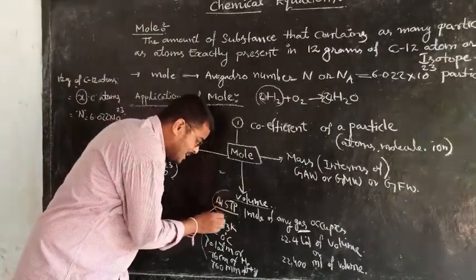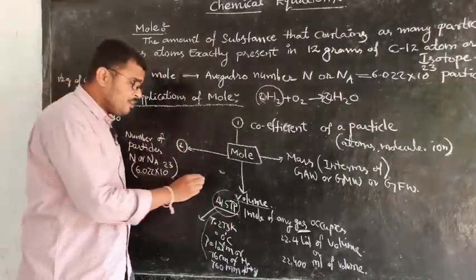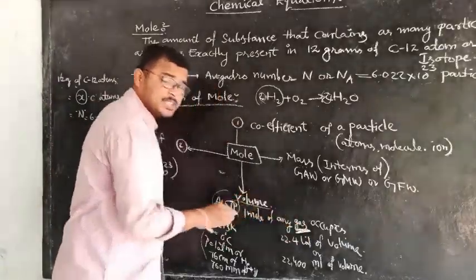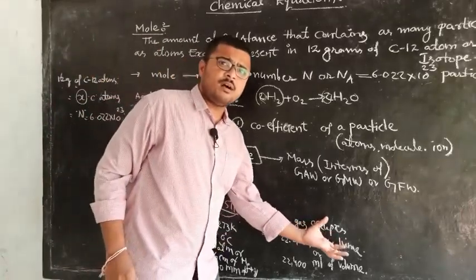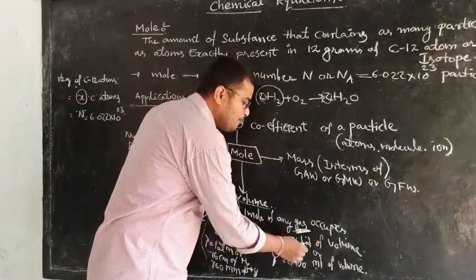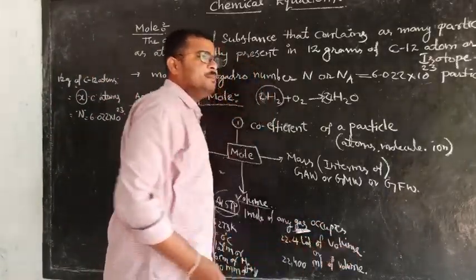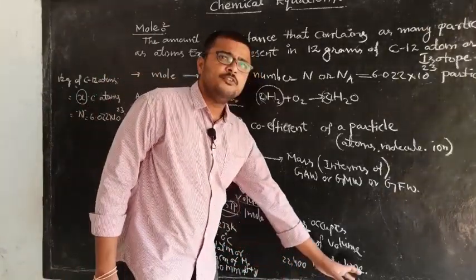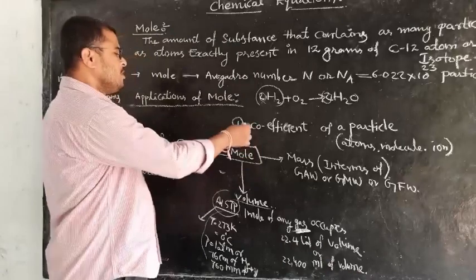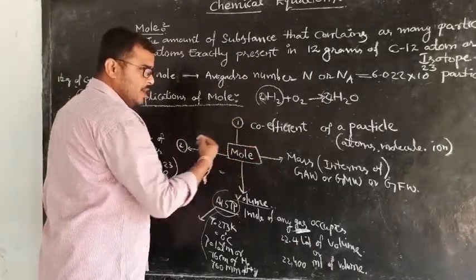At these conditions, 1 mole of any gas occupies 22.4 liters of volume. In milliliters, 22,400 milliliters of volume. These are briefly the 4 applications of the mole.